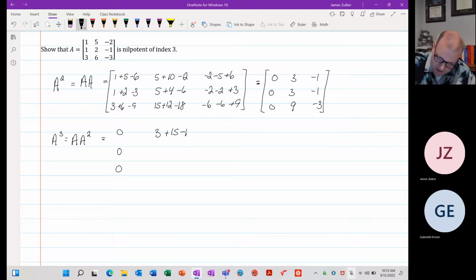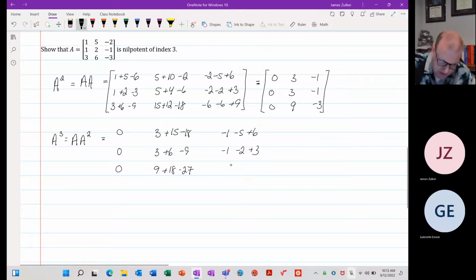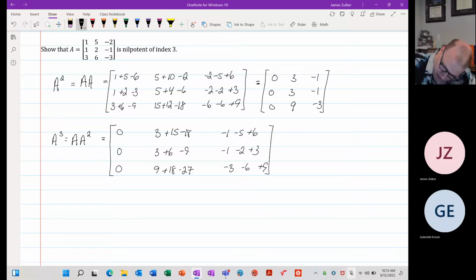3 plus 15 minus 18, and then -1 -5 plus 6. Here we get 3 plus 6 minus 9. -1 minus 2 plus 3. 9 plus 18 minus 27. -3 minus 6 plus 9. So 0, 0, 0. 3 plus 15 minus 18 is 0. 3 plus 6 minus 9, 0. -1 minus 2 plus 3, 0. 9 plus 18 is 27, minus 27 is 0.